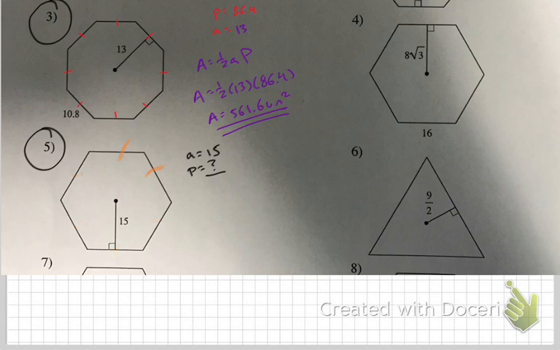Okay? Also, the apothem, if I were to draw in 2 radii like so, we now have our isosceles triangle. And the apothem bisects that isosceles triangle. Okay, so again, we know the apothem is 15.